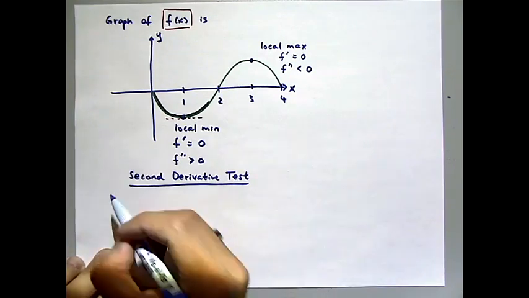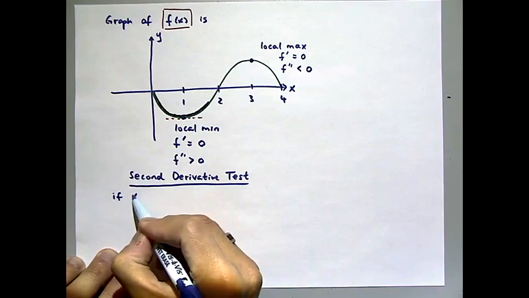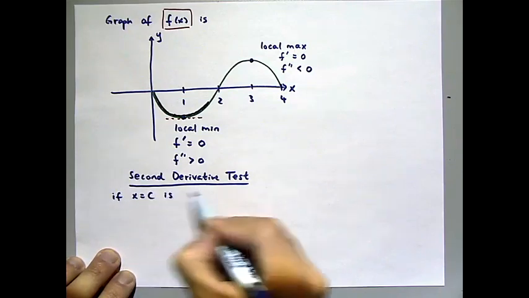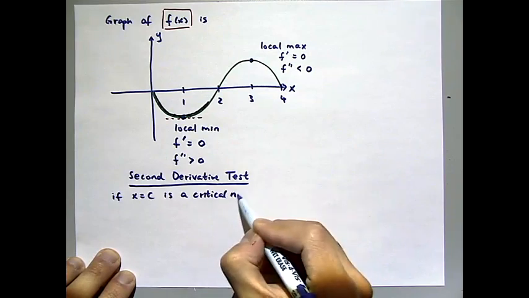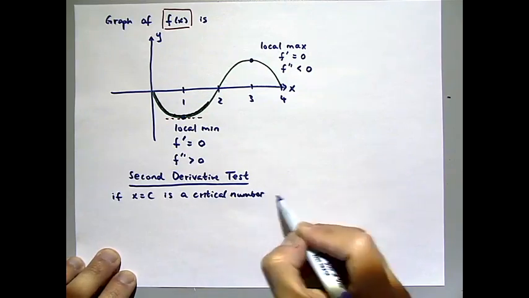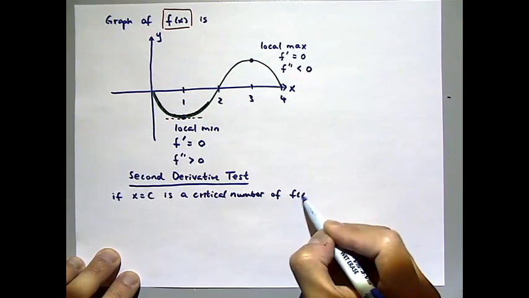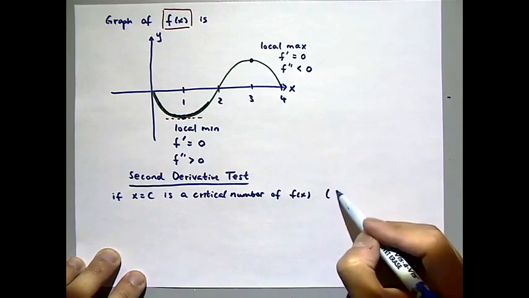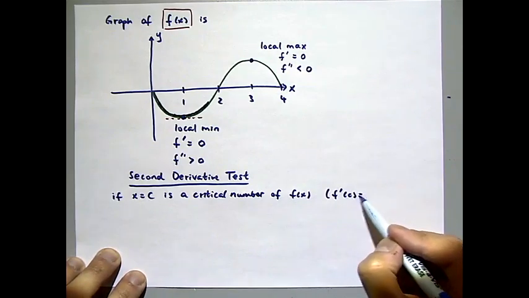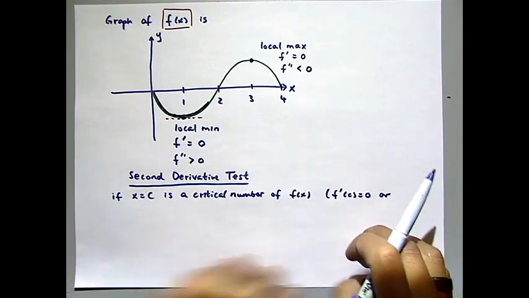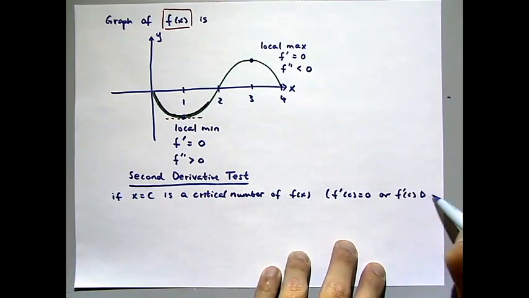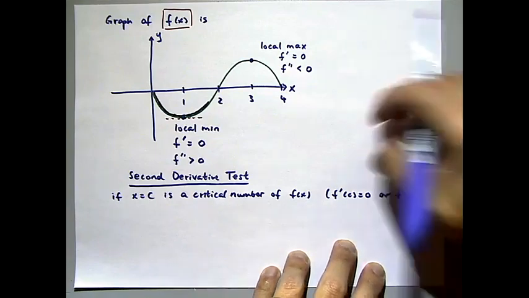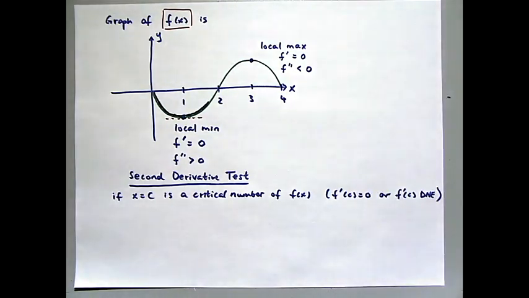And the test says if x is equal to c is a critical number of the function f of x. And remember, that means f prime of c is equal to 0 or f prime of c is undefined.